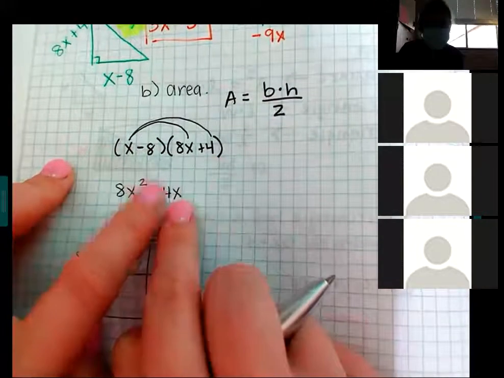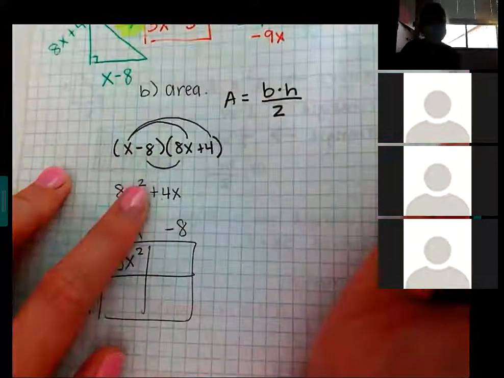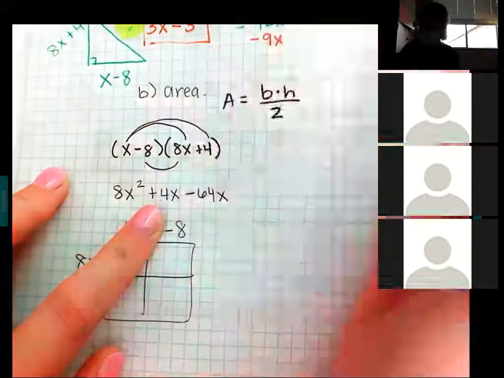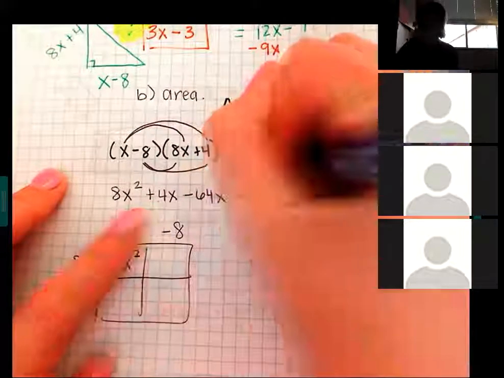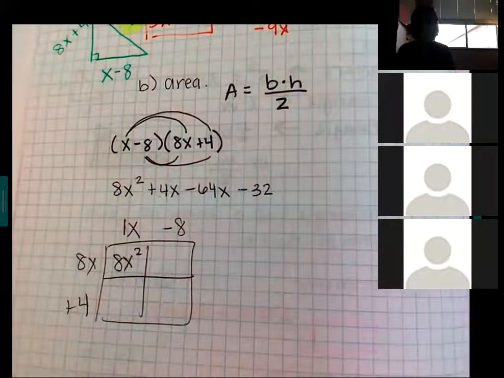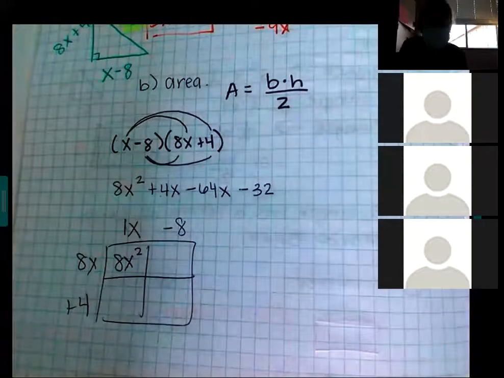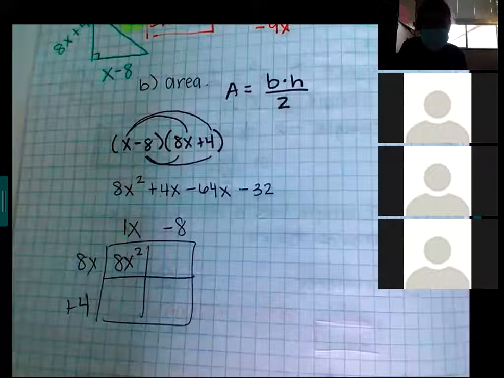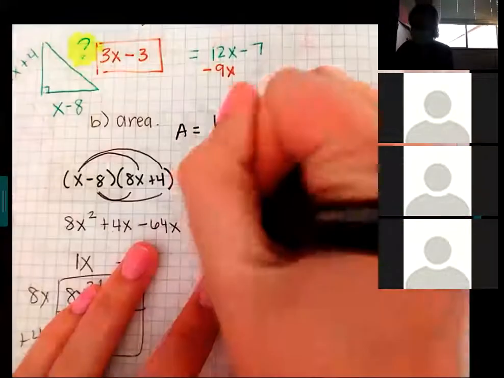Outside, x times 4 is 4x. Inside, negative 8 times 8x would be negative 64x. And last, negative 8 times 4 would be negative 32. You okay? Cool. All right, when I combine, what's the base times the height part going to be?